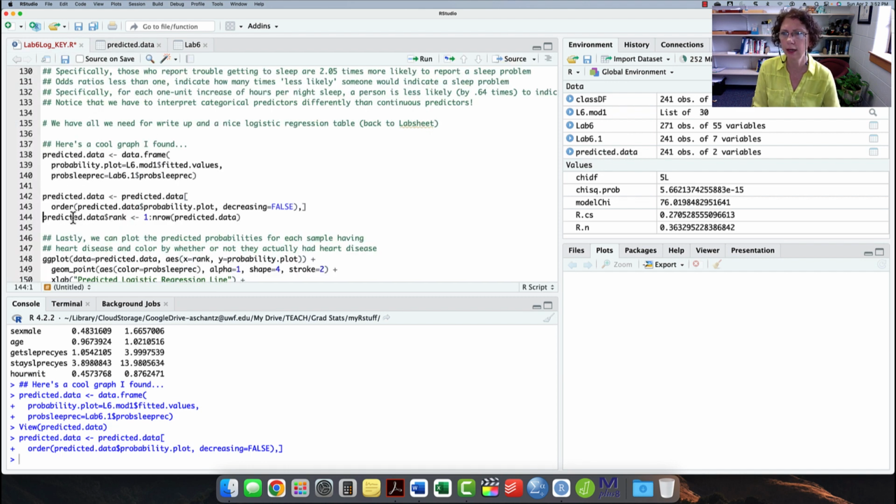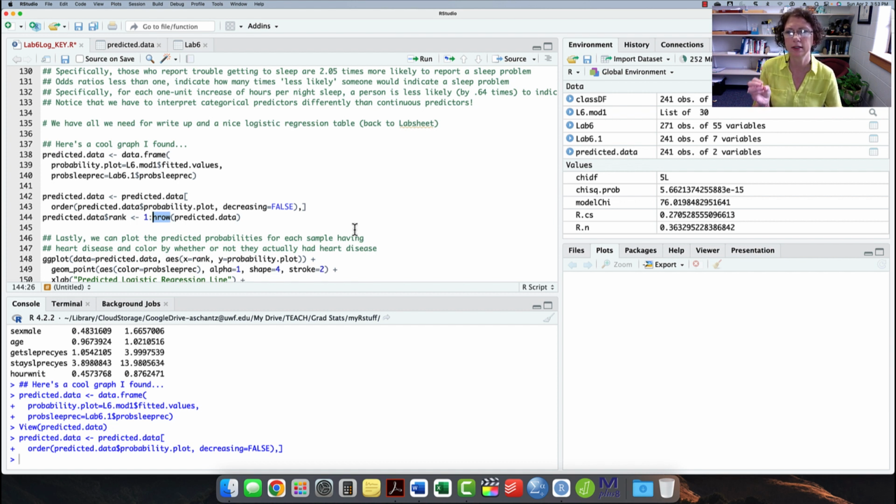And then I'm going to add a new variable called rank to the object called predicted data. That new variable is going to be assigned the numbers 1 to the last row, so kind of like case numbers, right? 1, 2, 3, 4, 5, 6, 7, 8, like that.